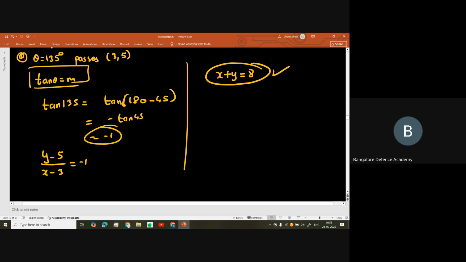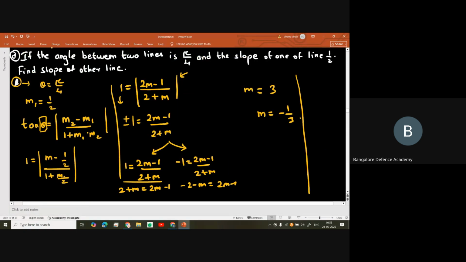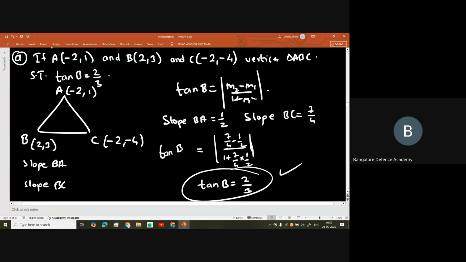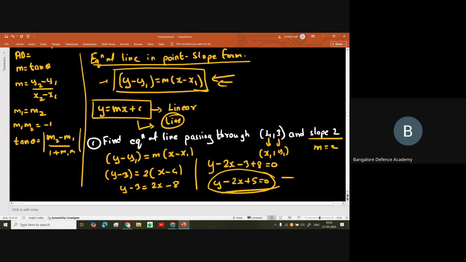This is the answer. Got it, everyone? Yes, sir. So look at this, here we are going to use this formula, like I told you in the beginning. You first have to find m and then use this. Ready?